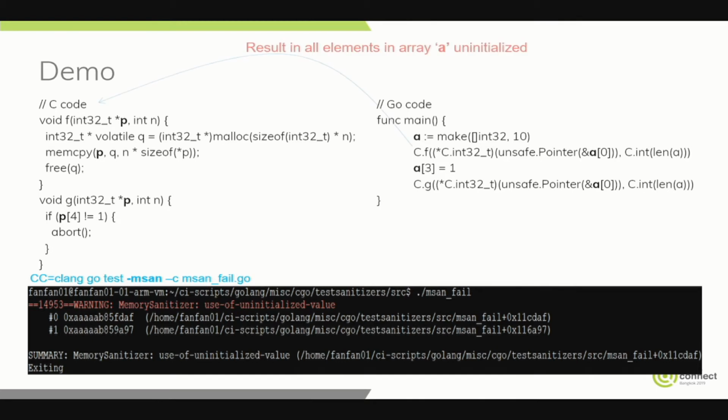The first line of the Go code makes an array A, which is initialized, and then Go will call the C function named F. In this C function, it will malloc an uninitialized memory and copy the uninitialized memory to array A. This is to say that function F will make the array A uninitialized.